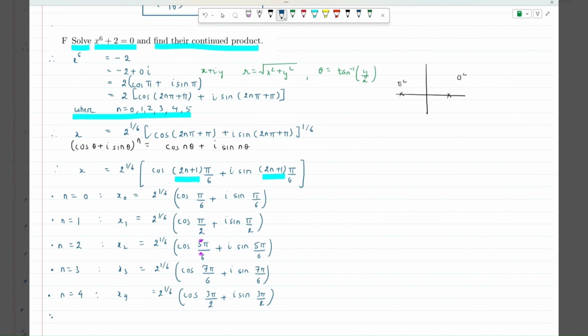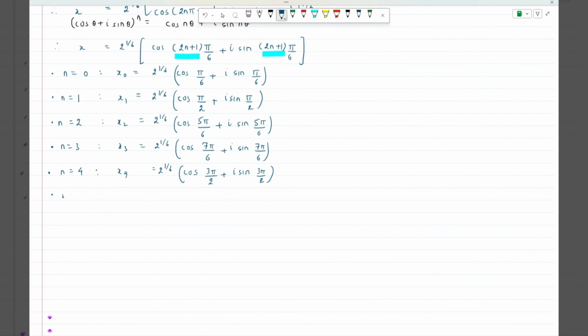And lastly, when you plug in n equal to 5, you get x5 is equal to 2 raised to 1 by 6 into cos of 11π by 6 plus i times sine of 11π by 6. On simplification, these values are going to be these.